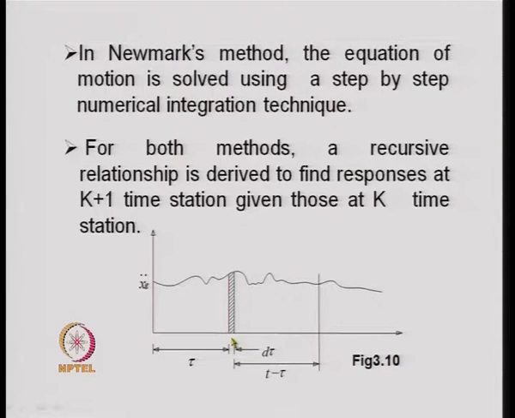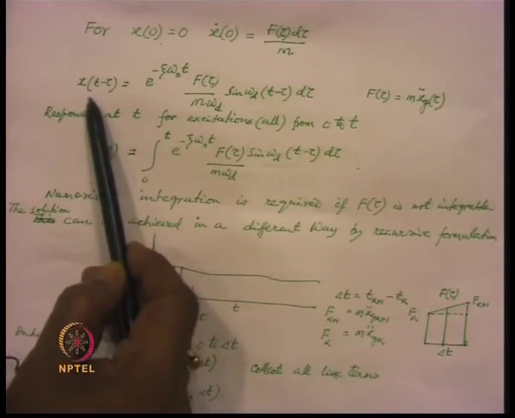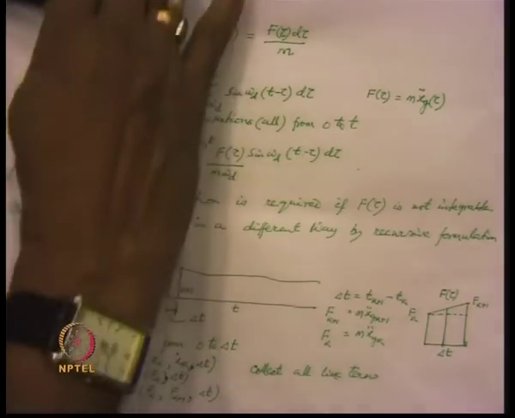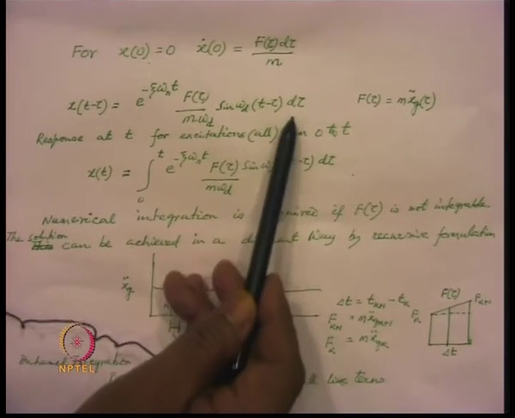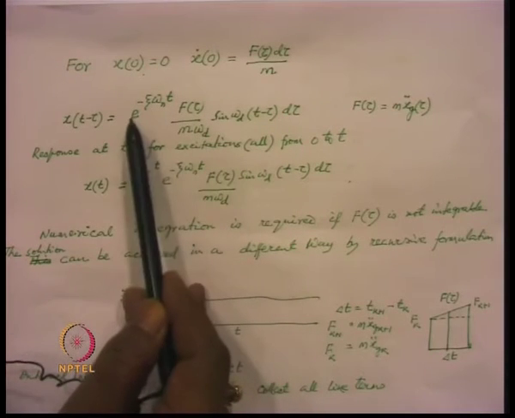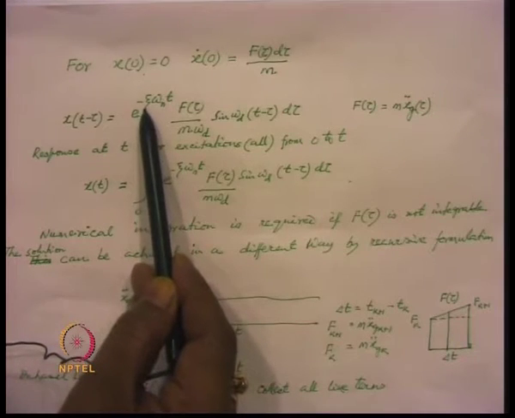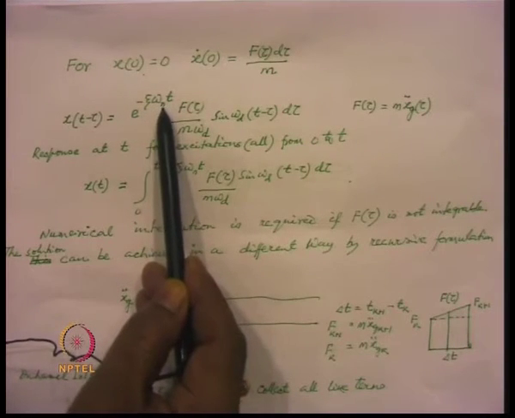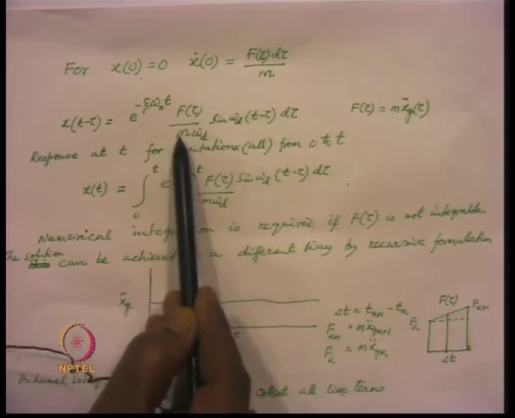And that is given over here. This is a standard equation, that is x of t minus tau, the response at time t, and this is given as e to the power minus xi omega n (t minus tau), and this is the velocity part.